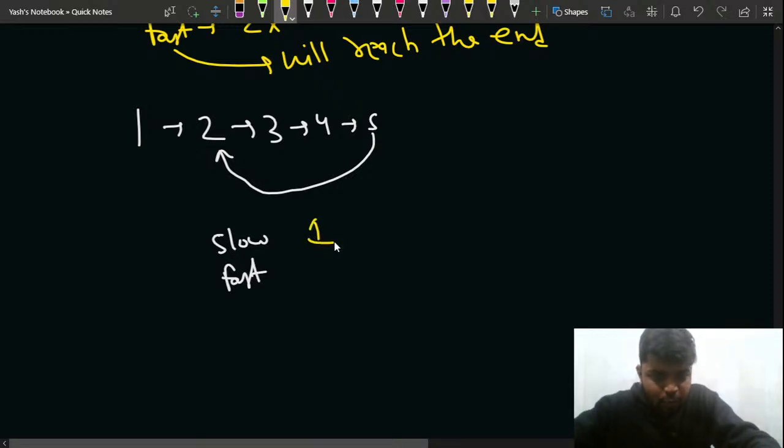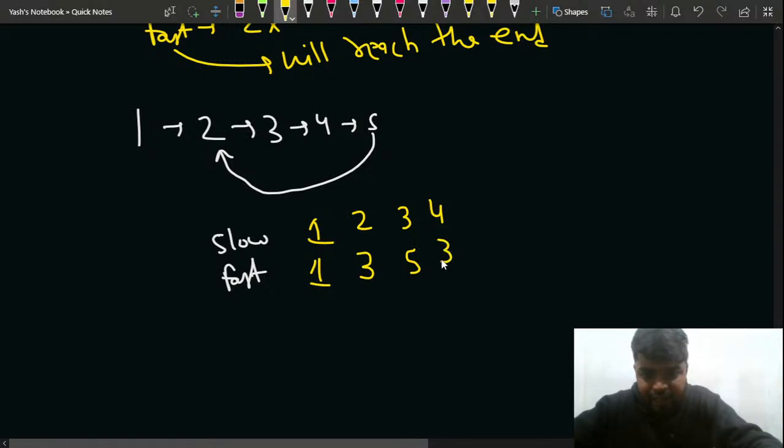So my slow will be 1, my fast will be 1, so my slow moves by 1, so it moves to 2, fast moves by 2, double the speed, so it will be pointing to 3, then slow is 3 and fast will be 5, then my slow will be 4, and what will be the value for my fast? My fast would become, I am at this 5, so it will become 3.